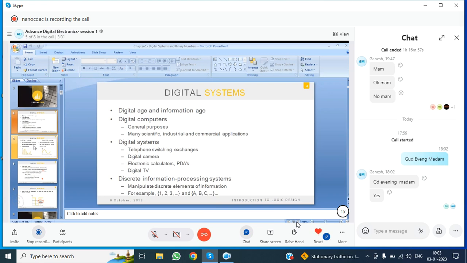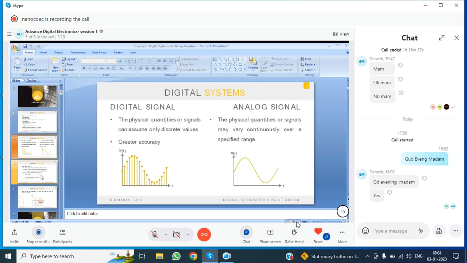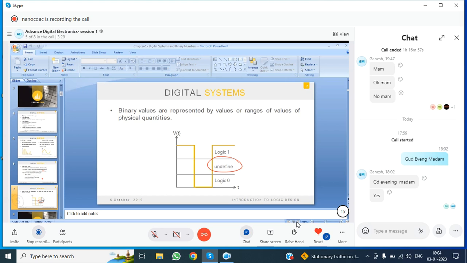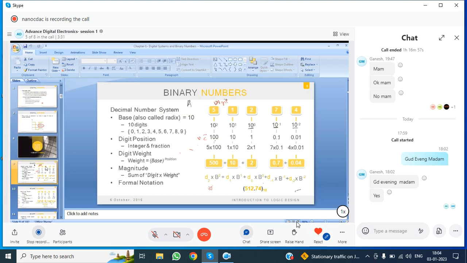One more important point is that digital systems consume much less power compared to analog systems, and digital systems are much easier to design than analog systems. All these are examples. For a digital signal, we have greater accuracy, with only two logic levels, logic 1 and logic 0.